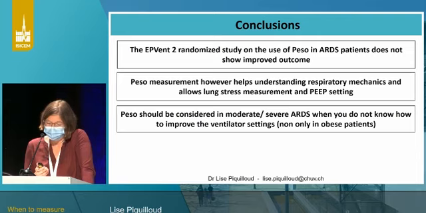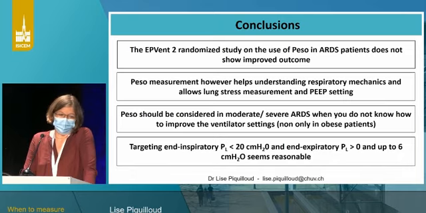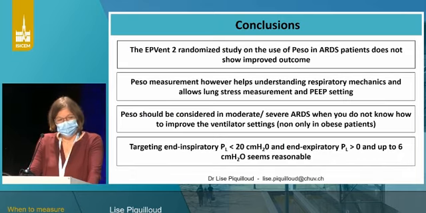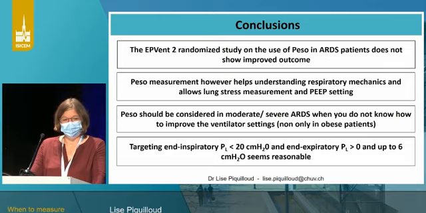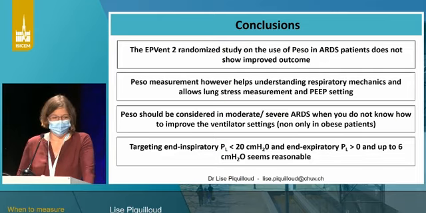But this could have been the case even in a non-obese patient. And what targets? I would say that end inspiratory transpulmonary pressure lower than 20 and end expiratory transpulmonary pressure between 0 and 6 seem reasonable values.